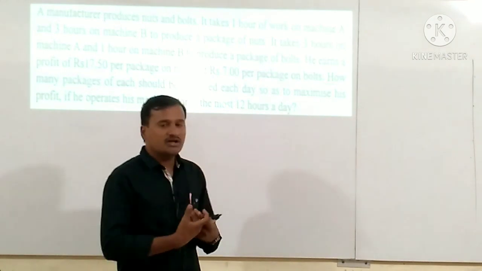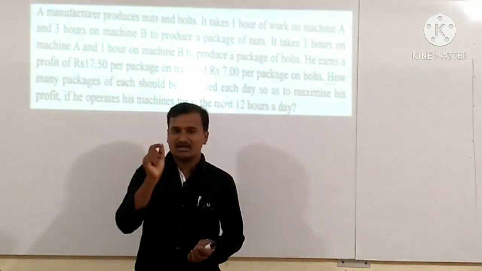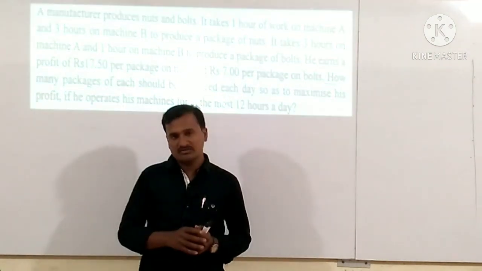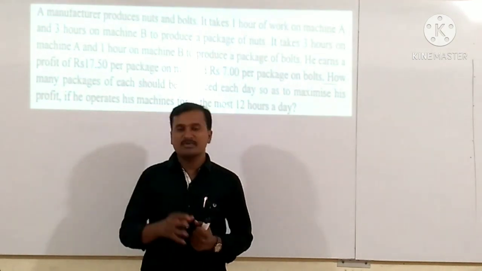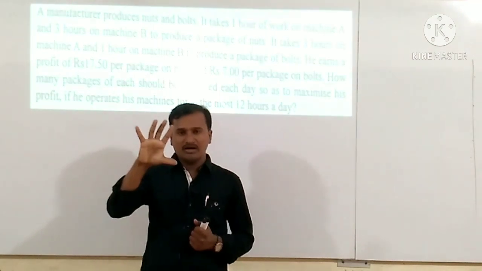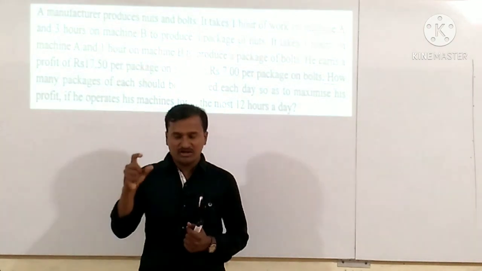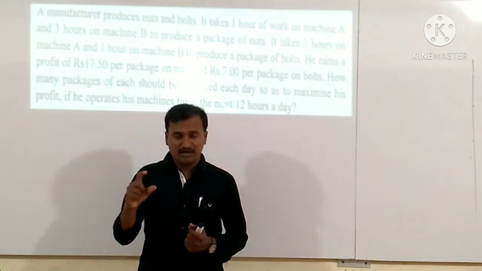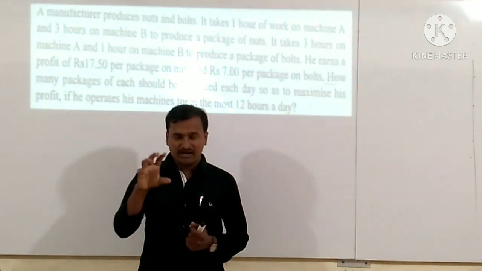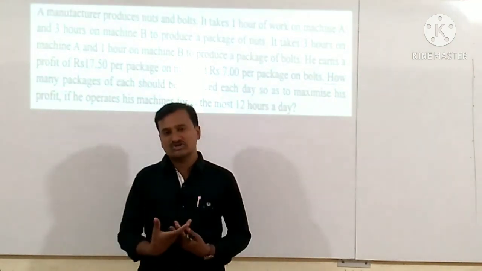I already told you that linear programming is a collection of procedures to maximize or minimize the objective function subject to some conditions. Here they will give the problem, and we have to convert it into mathematical form, write the objective function, write the constraints, and then solve it.